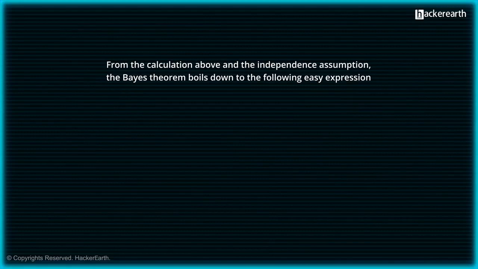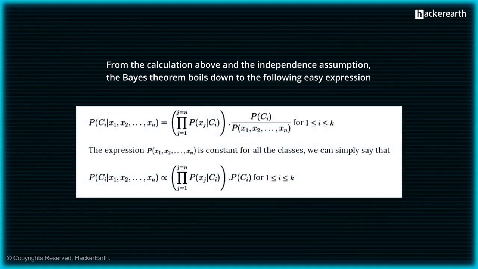From the calculation above and the independence assumption, Bayes' theorem boils down to a very easy expression. Therefore, probability of Ci given x1, x2, up to xn is equal to the product j equals 1 to n P of xj given Ci into P of Ci divided by P of x1, x2, up to xn for i between 1 and k.